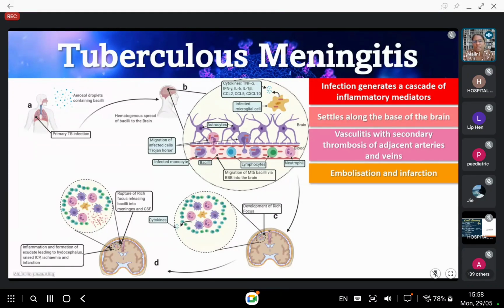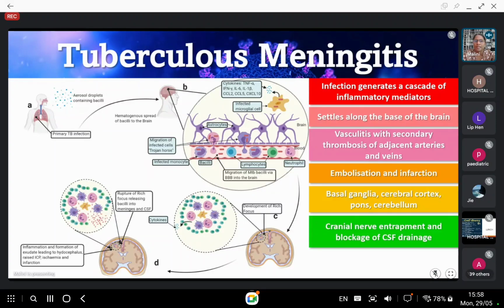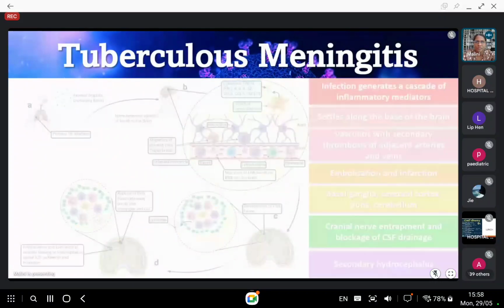This will result in embolization and infarctions, mainly in the basal ganglia, cerebral cortex, pons, and cerebellum. Then the blockage of CSF and cranial nerve entrapment can also occur, and then you have hydrocephalus.